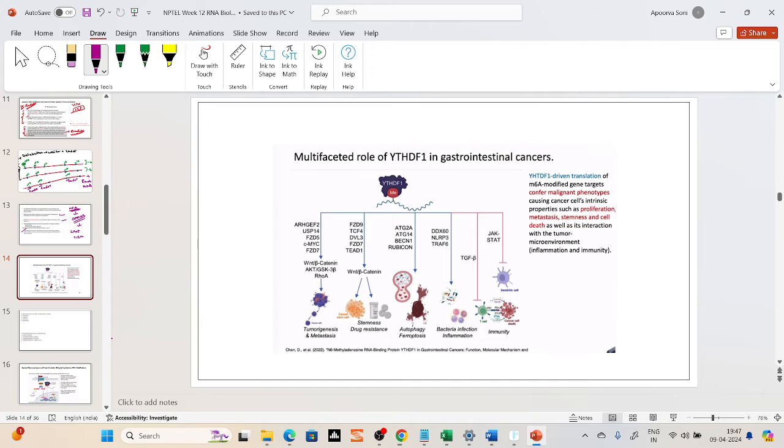So, what is this YTHDF1? Is it a writer, an eraser, or a reader? We have studied this just now. Think, what is this YTH?